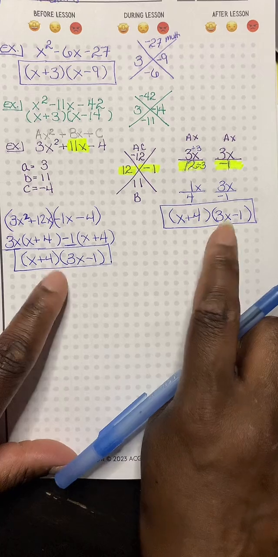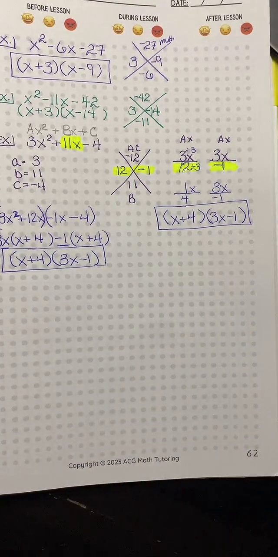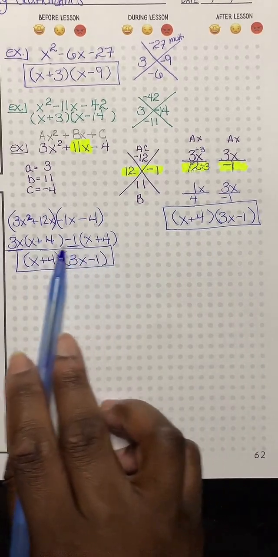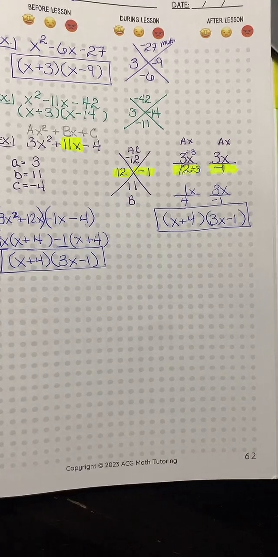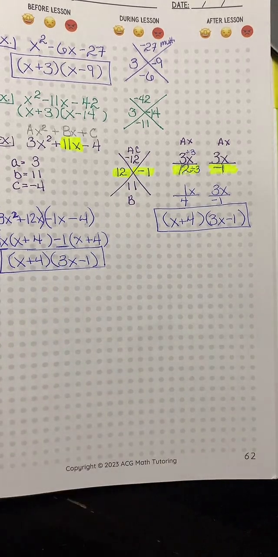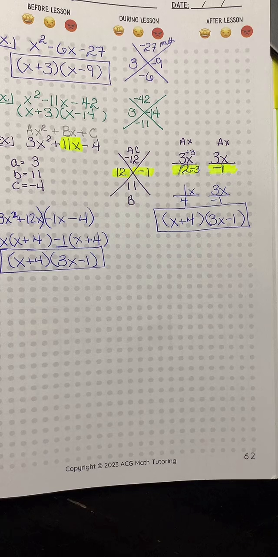You get the same answer, no matter which way you go. GCF means greatest common factor. So what do they all have in common? No, because I'm not multiplying right here, that's why I can't do x plus 4 squared. If this 3x and that minus 1 weren't there, yes, but since they're there, I can't do that.